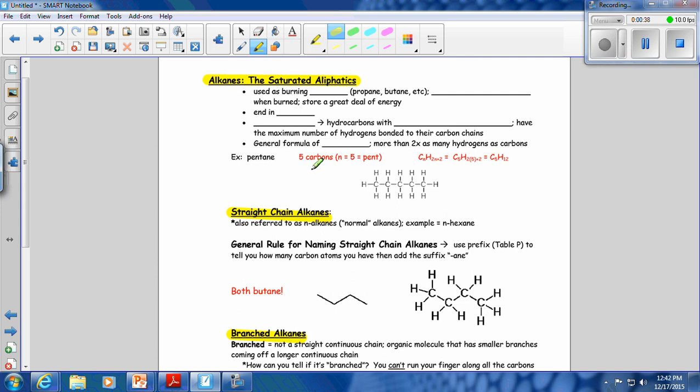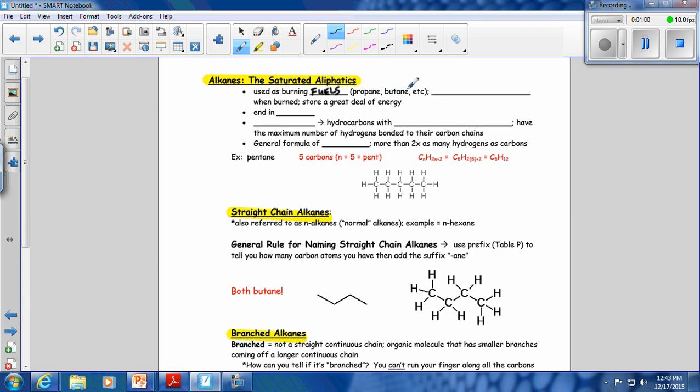First off, with the alkanes themselves, many of these saturated aliphatics are used as burning fuels. Some examples are propane and butane. Maybe from camping, you might have a butane tank, or propane from a gas grill.